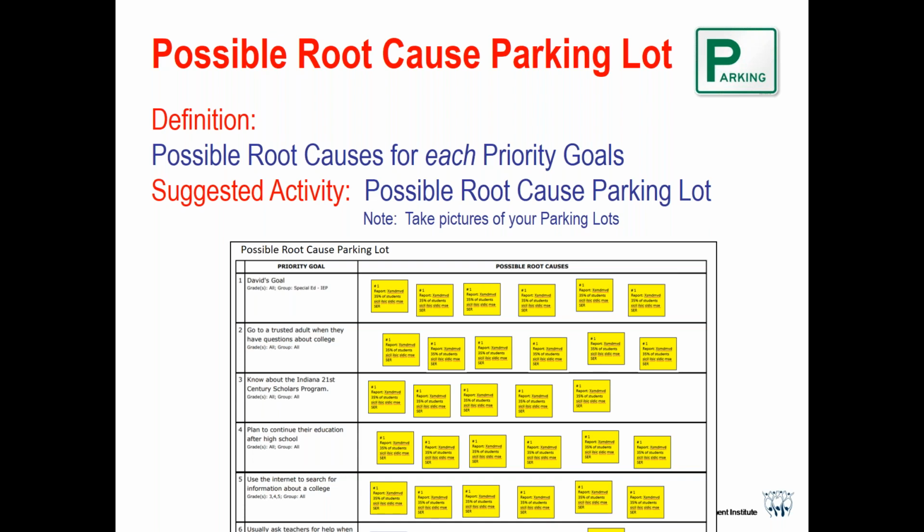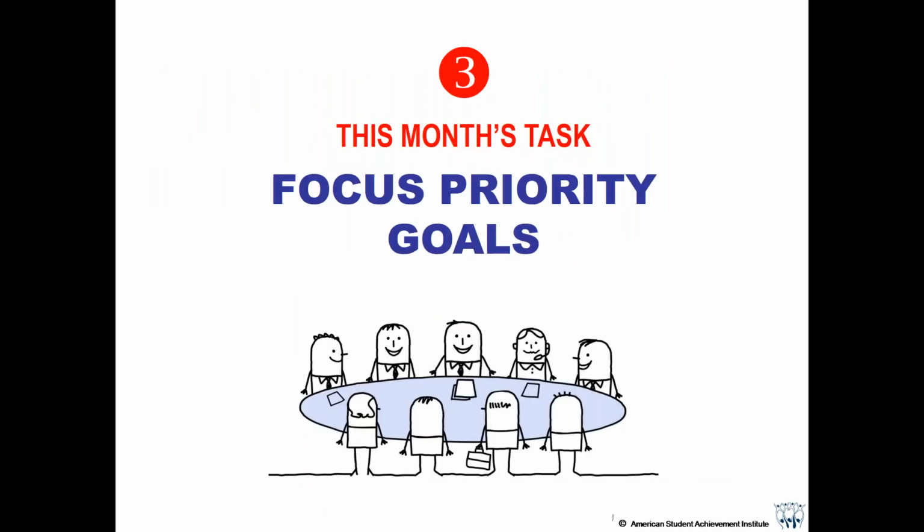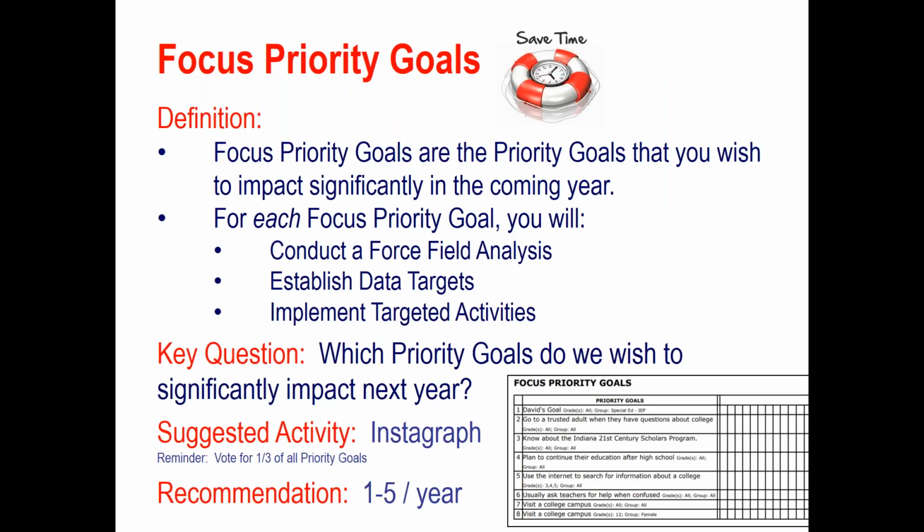Okay, so at this step, we're looking at all of your priority goals. Now we need to narrow down to the hammer goals. Which ones are we really, really going to focus on? To do that, I think this will be fairly easy. We've given you a slide that talks about the definition of a focus priority goal, or a hammer goal.